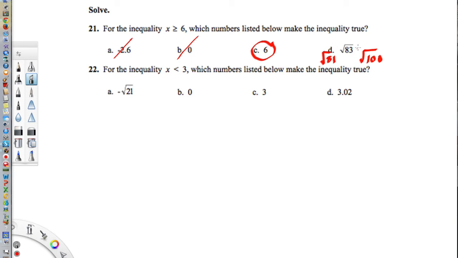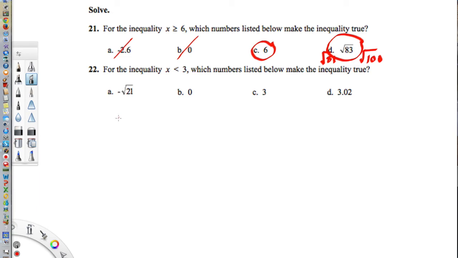So somewhere between 9 and 10, that could also be true. So 6 is equal to 6, so it makes this statement true. And the square root of 83 is somewhere between 9 and 10, so that would also be greater than 6, so it would make that statement true.